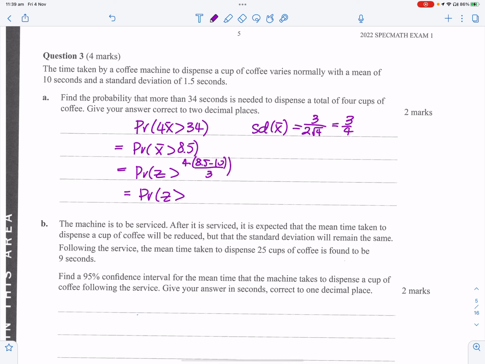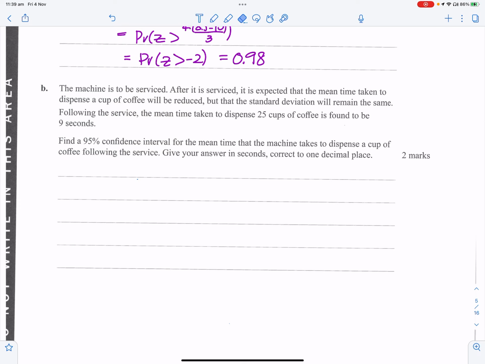So the probability that z is greater than negative 6 on 3, which is negative 2. So we know that is 0.023. So 1 minus that is 0.98 to 2 decimal places.